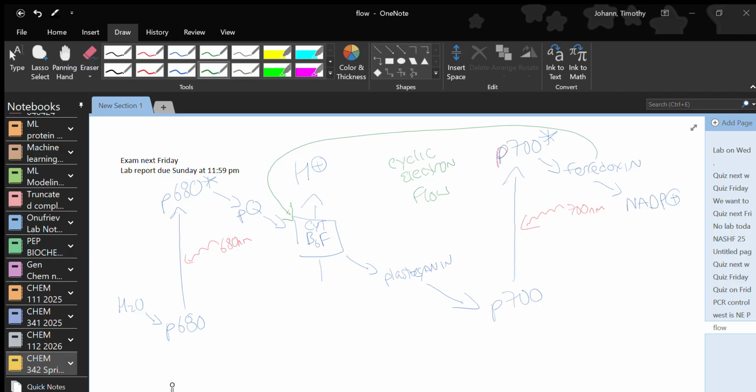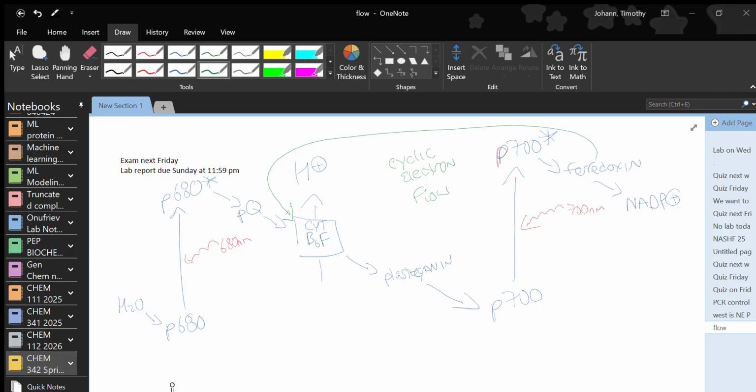Pop the electrons up, they go into NADP+, and that becomes NADPH, no cyclic electron flow. With cyclic electron flow, instead of giving those electrons to NADP+ to become NADPH, those electrons come back around to here, and we can just run them in a circle and make ATP without making NADPH.